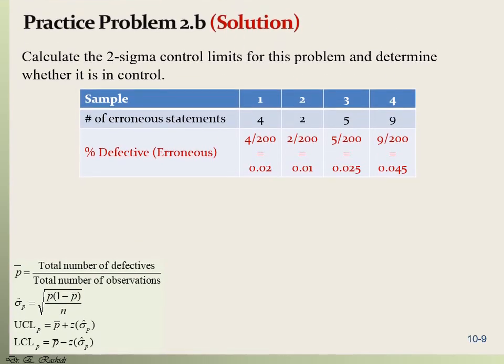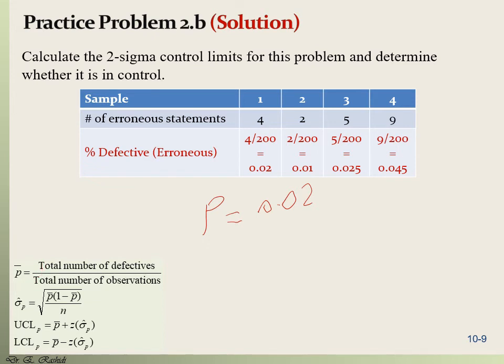All right, let's solve this problem. So the only difference here is that we know P. The proportion is based on the historical data. We know that it's 2%. So that means the proportion of erroneous statements is 2%. So we don't need to compute the estimation because we already have the P here.